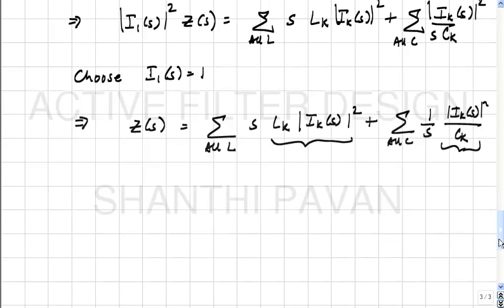So, in other words, Z of S is S times P1, which is always a positive number irrespective of the S at which you are evaluating, plus 1 by S times P2, where P2 is also a positive number. Is that clear?